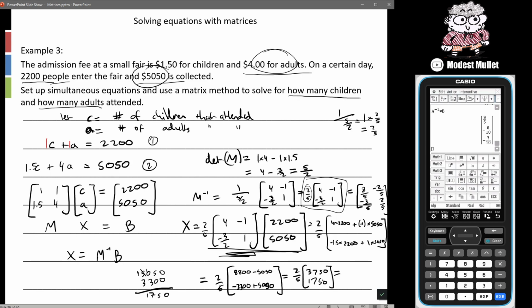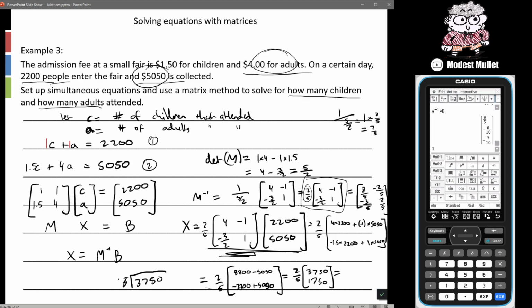Okay, so I need 2/5 of each of these, so I need to divide each of these by 5. What numbers are probably going to make this work? Or let's just do a regular division.